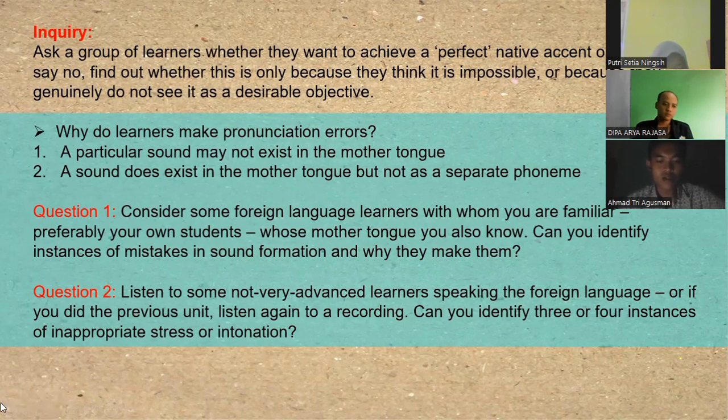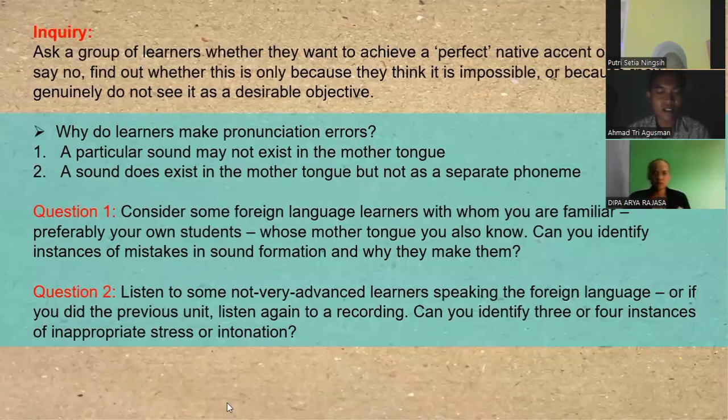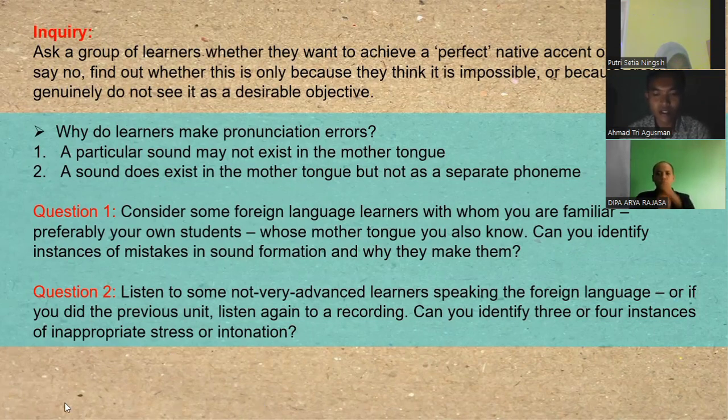Why do learners make pronunciation errors? Number one, a particular sound may not exist in the mother tongue, so the learner is not used to forming it, and therefore tends to substitute the nearest equivalent.